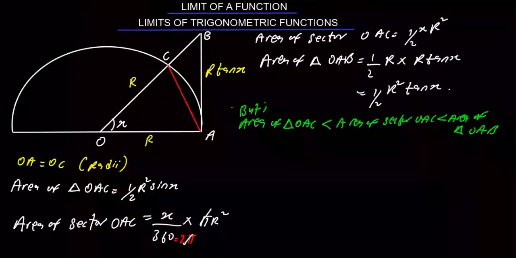Surely it is less than it. Just like you can see that this triangle is inside the sector and the sector is inside the triangle. So that is it. So let's go.